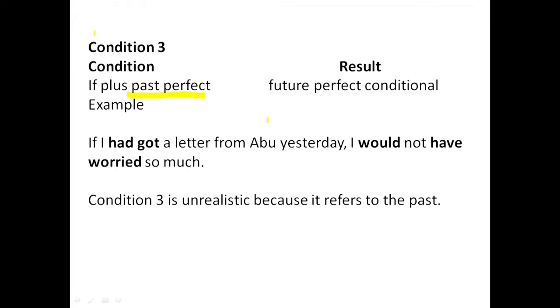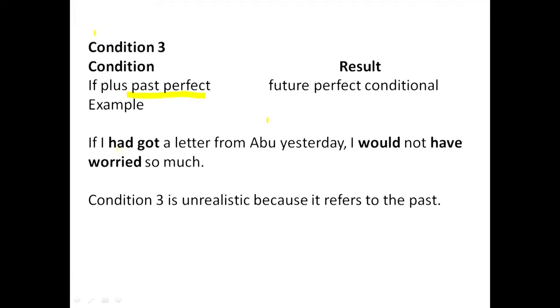So, in this case, we have what? We have had got. Had got is, in fact, the past perfect under the condition, and would have worried in the consequent clause is the future perfect conditional.